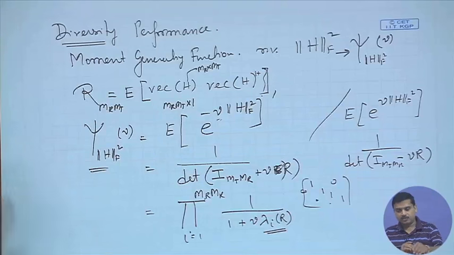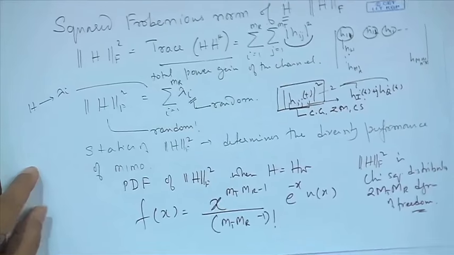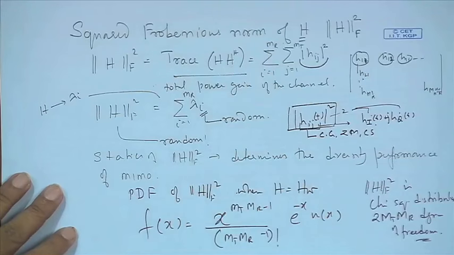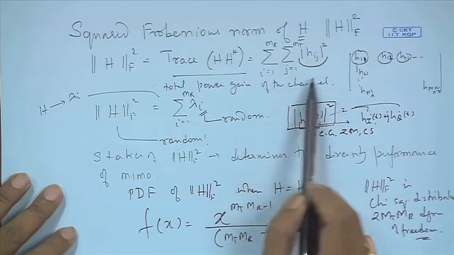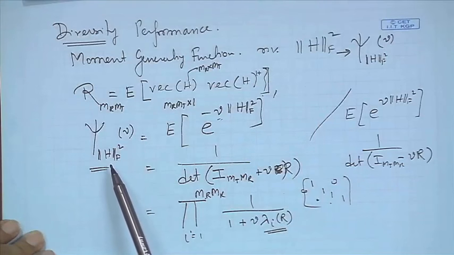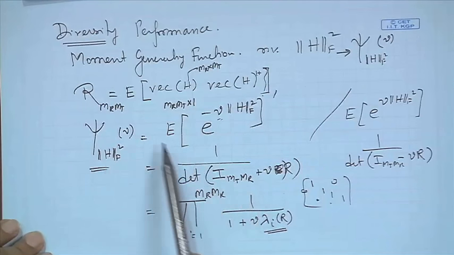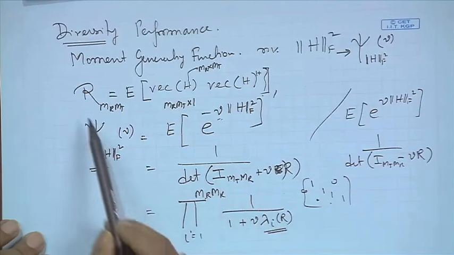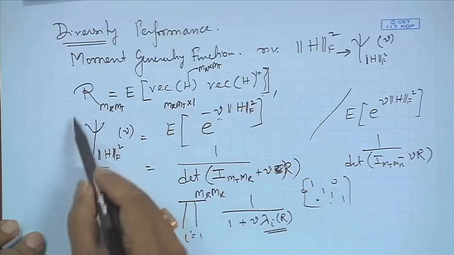So to summarize, the most important thing we have looked at in this particular session is the squared Frobenius norm, and how we have derived what the squared Frobenius norm is. The squared Frobenius norm is basically the total strength of the channel, and if you look at the moment generating function of HF squared, it turns out to be of the structure which is the product of 1 over 1 plus nu times lambda i of R, where nu is given in the psi by this expression.